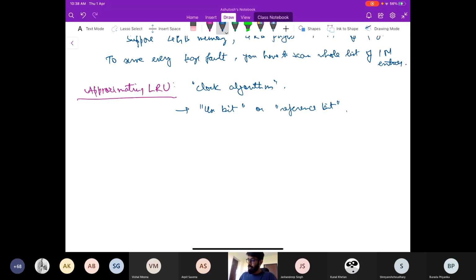Okay. So it just uses 1 bit per page in the system. And now this can be stored either in the page table entry, or it can be stored in another list.